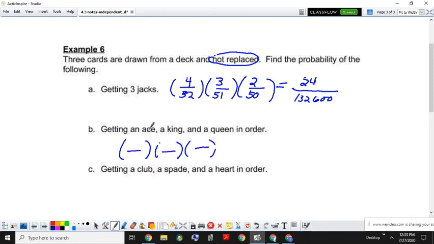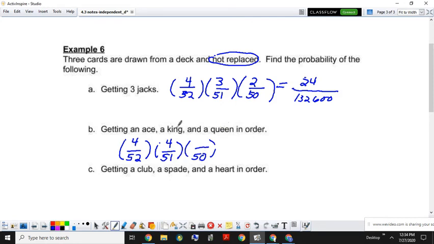So we're going to pull the ace out first: 4 aces out of 52. Then a king: 51 cards left because we didn't replace, but there are still 4 kings in there. We pulled an ace out on that last one. Last one, queen. We pulled 2 cards out already, so we're left with 50.